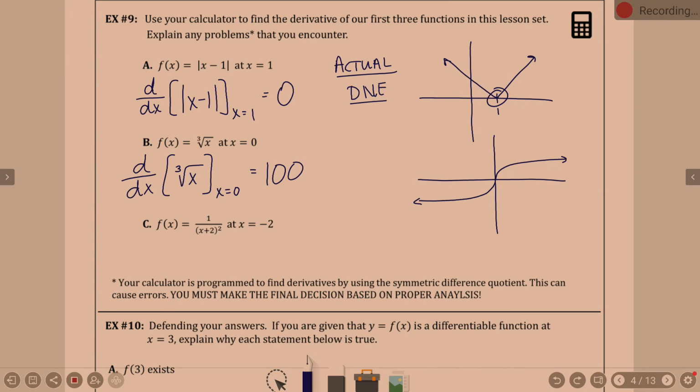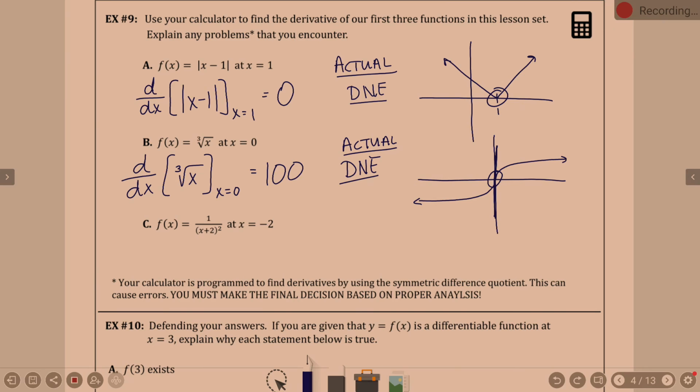Because what happens? That makes it a vertical tangent, yes? Well, 100, the only thing I can figure out, is very steep, isn't it? But in all reality, the derivative does not exist, right? Or maybe I should just say actual. Okay, and that's because there would be a vertical tangent there. This one, let's see, the Inspire actually did this one right.